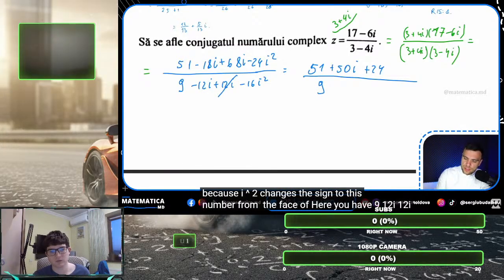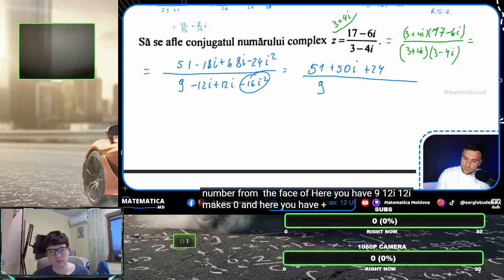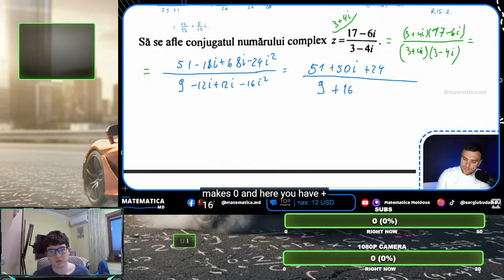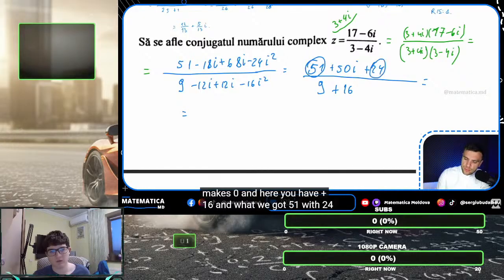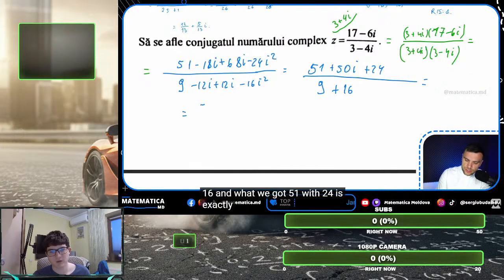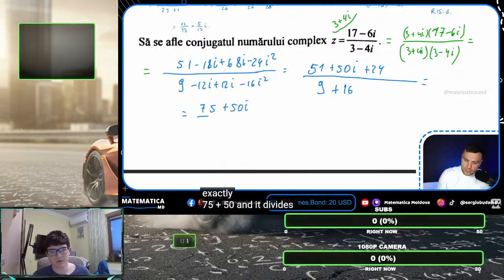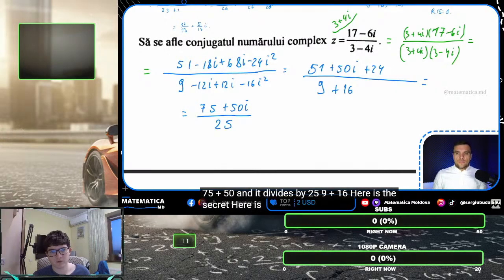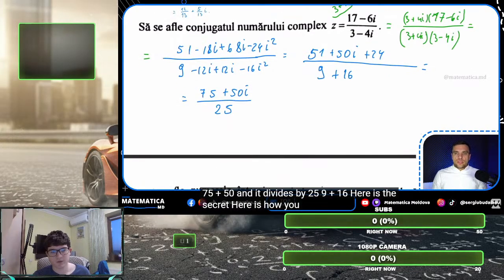51, then 9 plus 16. Basically done that, done this. Switch the sign because i to the second power is minus 1. 9 plus 16 over there, boom. 25 below. Boom, 75, 50i there.